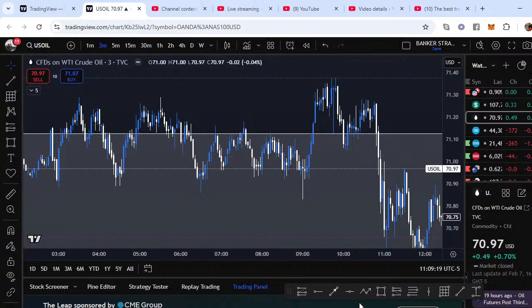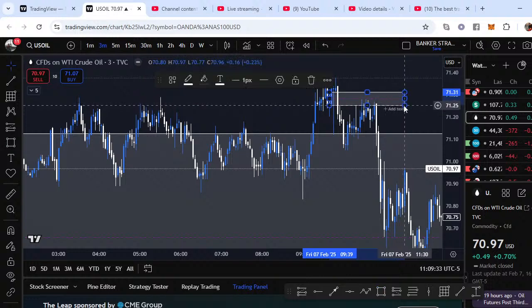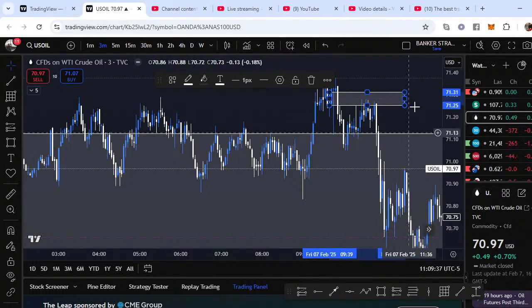It goes literally to the 50% of the range, taps it and drops.